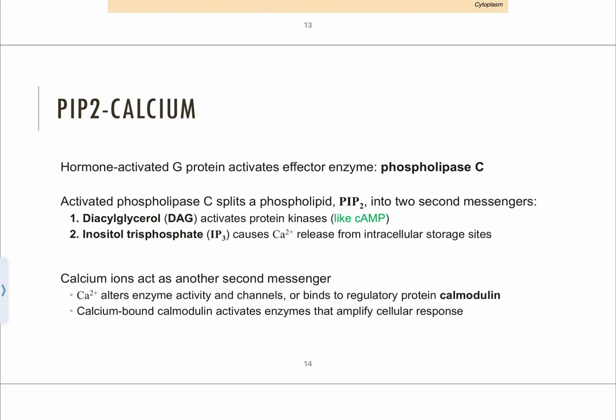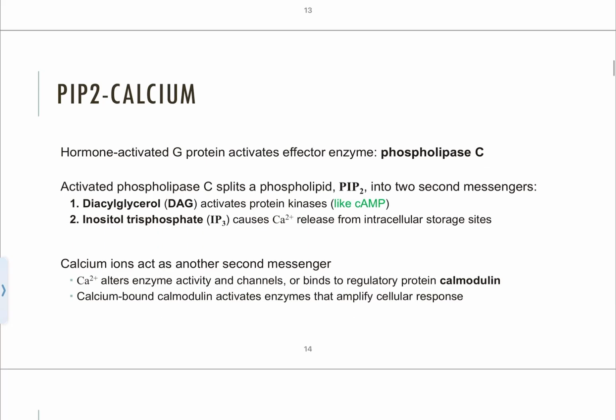So calcium ions can alter enzyme activity in channels, or they can bind a regulatory protein called calmodulin. Once you have calcium bound to calmodulin, that can activate enzymes that cause an amplification response, just like we saw with our cyclic AMP cascade.